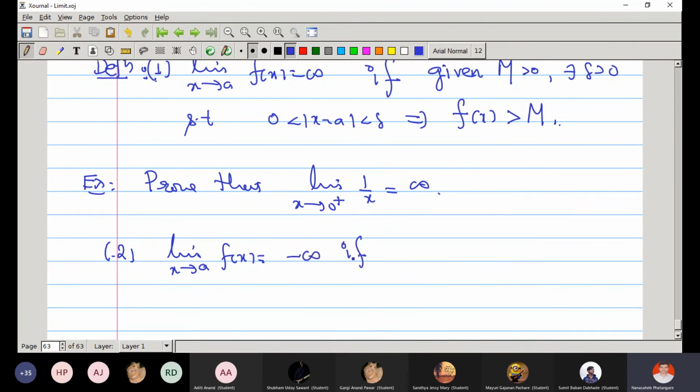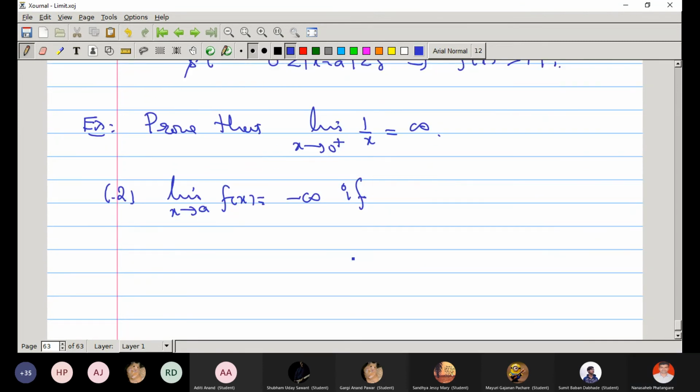Now, same thing, limit x tends to a f of x is minus infinity, if, now you should tell me how to make the definition. Limit at a is minus infinity, and minus infinity is at the left end of the real line. So what is the neighborhood of minus infinity? Everything after some point.